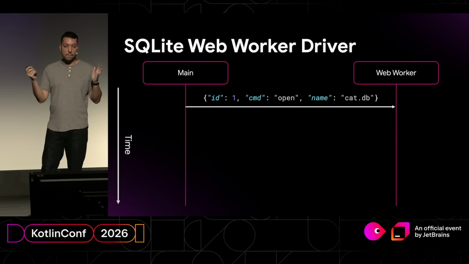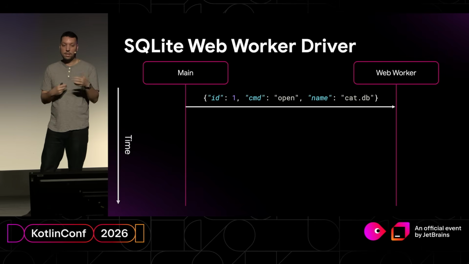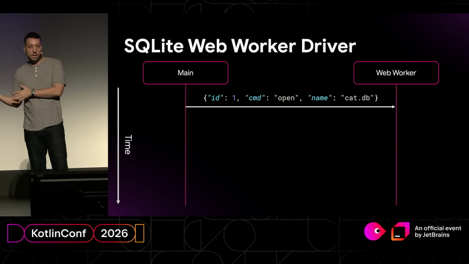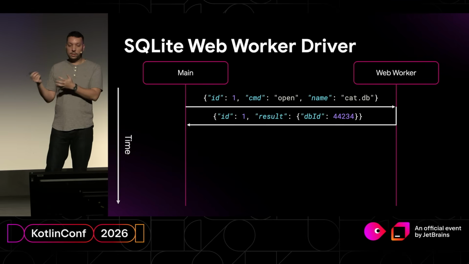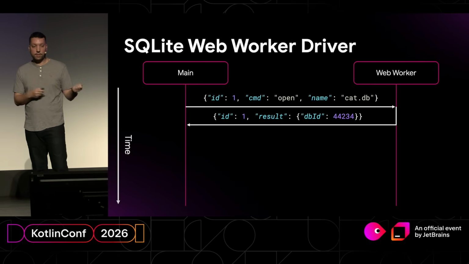Imagine we wanted to open a database. The main thread side, or the driver side, sends a small message that says, hey, I have a request, it's a command, it's an open, and here are the arguments, which in this case would be just the name of the database. And the web worker opens the database and responds back, hey, I opened your database, by the way, this is the ID, you're going to use that later.